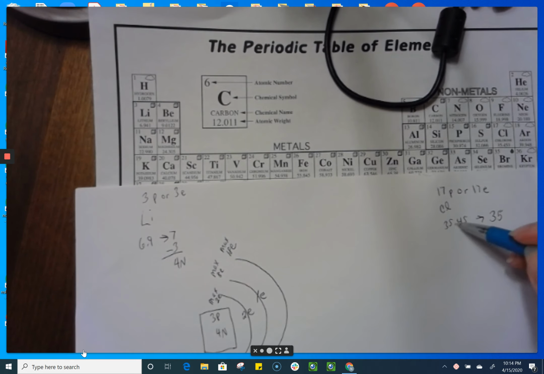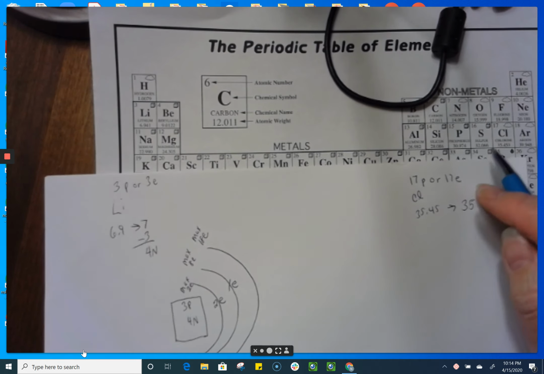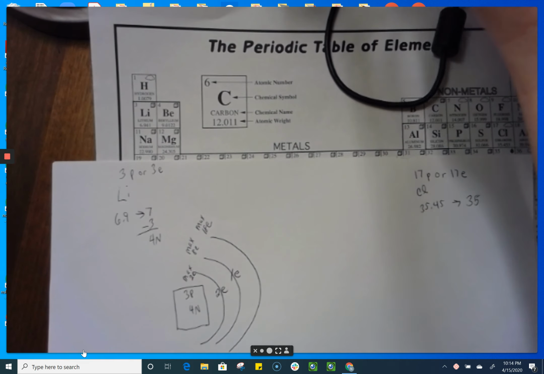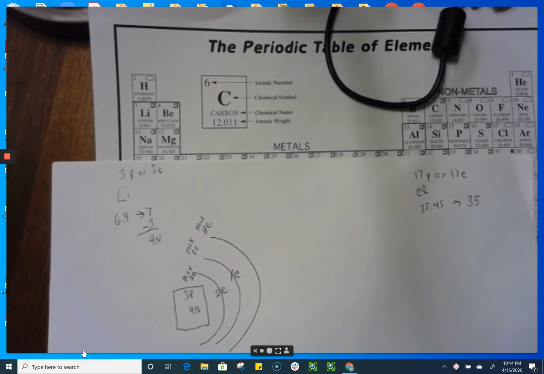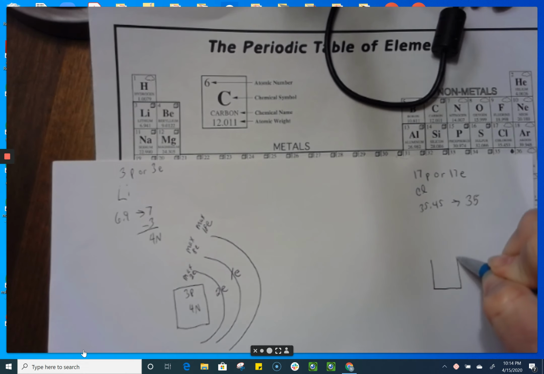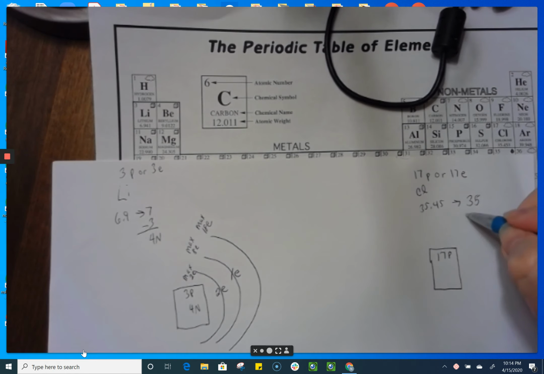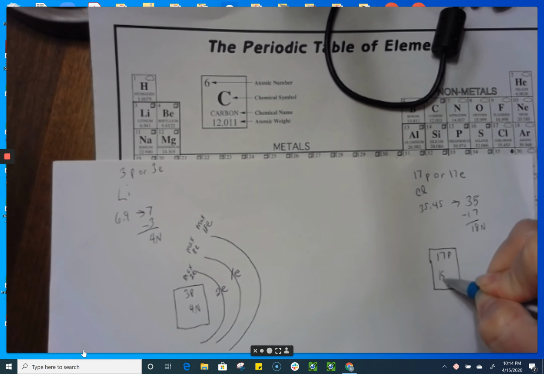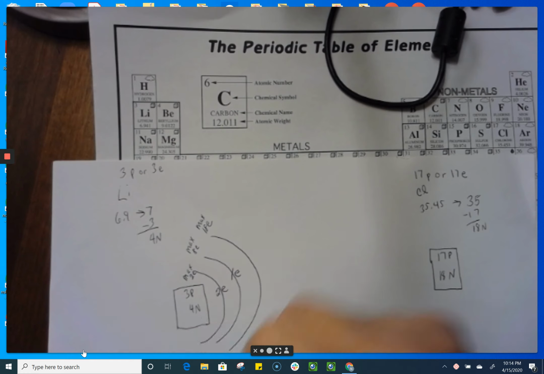Remember, if it's 0.4 below, it goes down to 35. Okay, so the nucleus is going to have 17 protons, and when you take 17 away from 35, that's going to leave you with 18 neutrons.